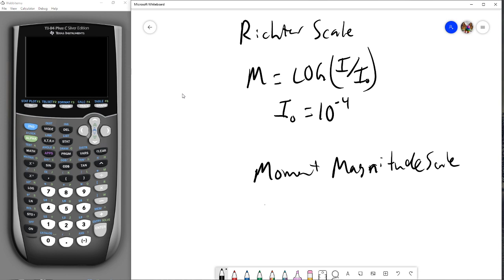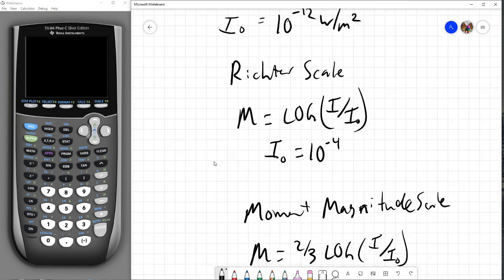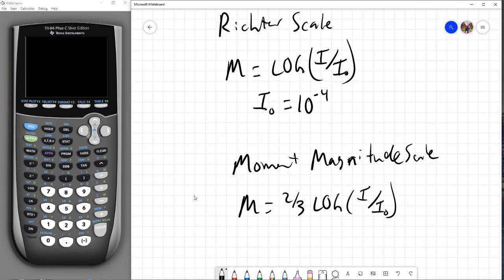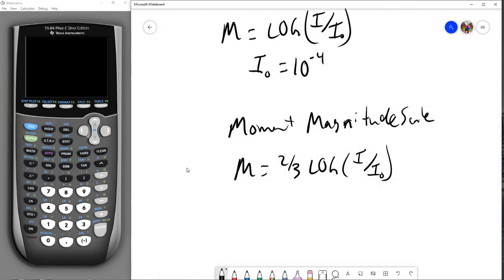The moment magnitude scale said that our magnitude is equal to 2/3 log of I over I naught. It's literally the same equation for all three of these, but in this case, our reference intensity is 10 to the 16.